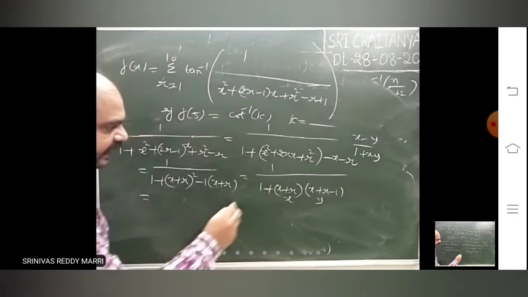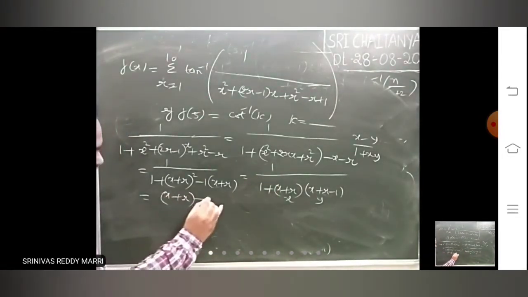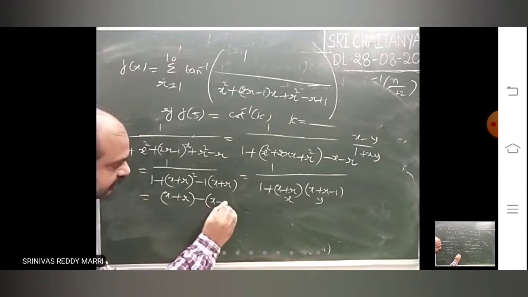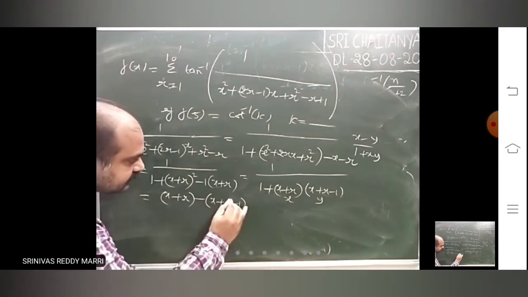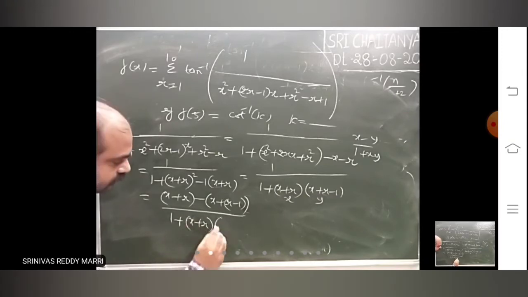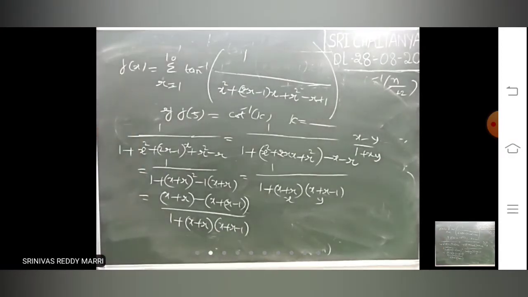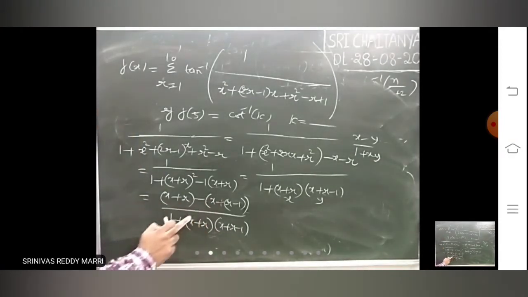Now I am writing like this. Look at this 1, I am writing it as x plus r minus x plus r minus 1, divided by 1 plus x plus r into x plus r minus 1. Now this is over: x minus y divided by 1 plus xy.